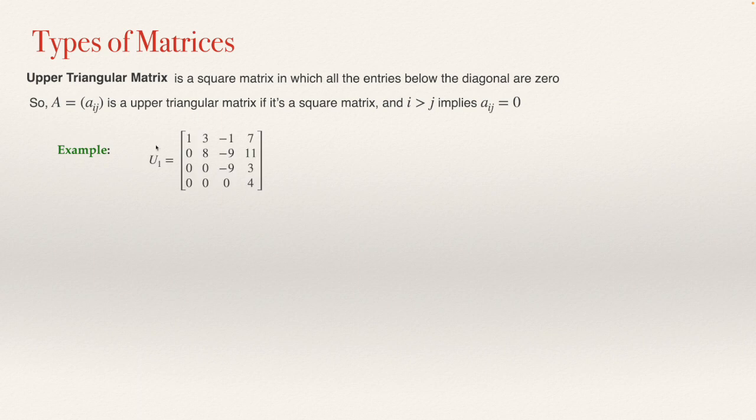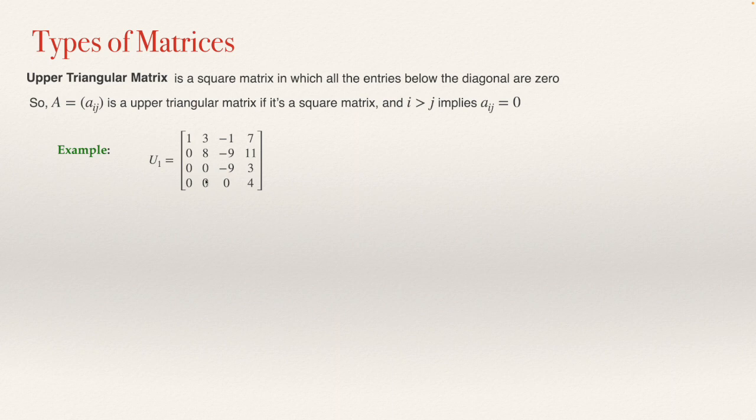For example, in this matrix here, we notice that in this number here, the row number is 2 and the column number is 1. 2 is greater than 1, so in this case the value is 0. Or for example, this entry here, where the row number is 3 and the column number is 2, 3 is greater than 2, so the element will be 0.